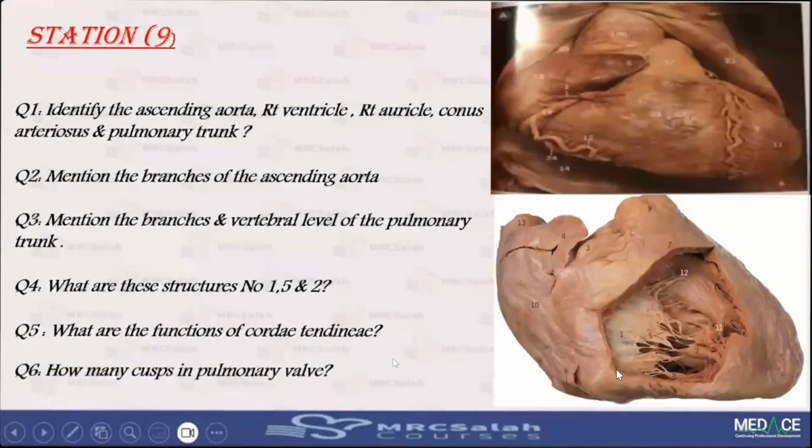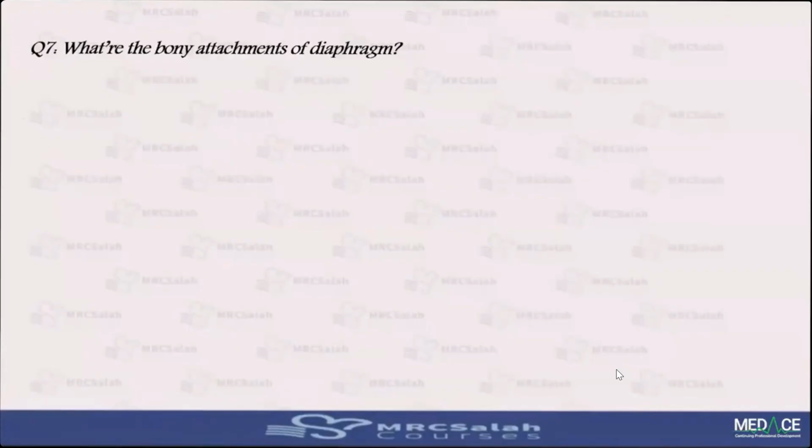How many cusps in the pulmonary valve? 3. Yes, all valves have 3 cusps, except the bicuspid, the mitral. What are the bony attachments of the diaphragm? It's the xiphoid process or the xiphisternal joint.